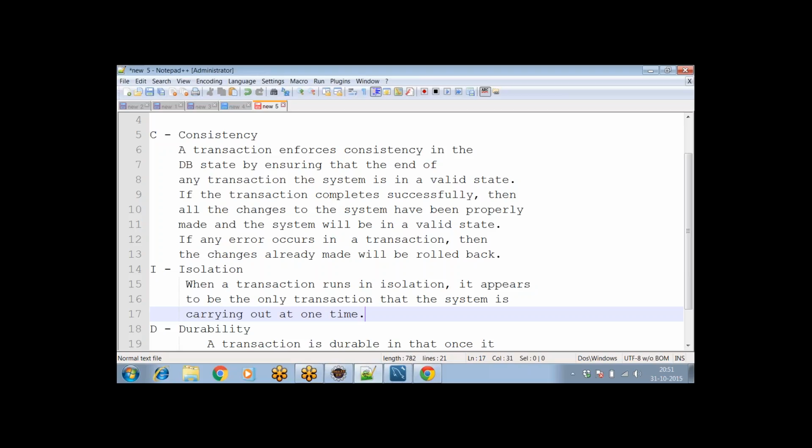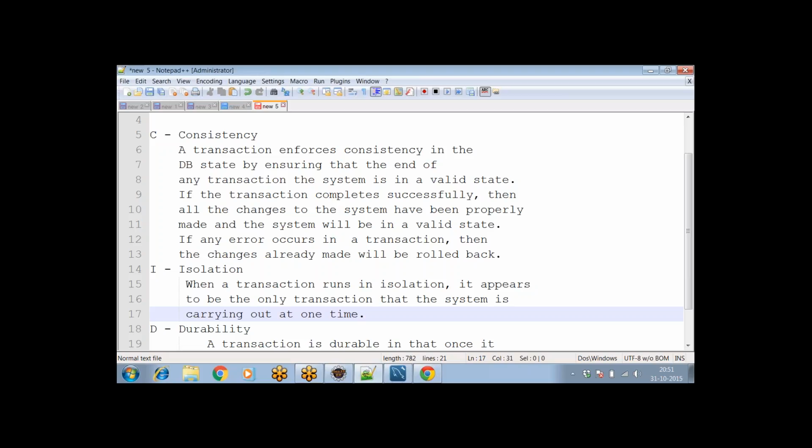So we should make sure that the transaction doesn't overlap with another transaction.